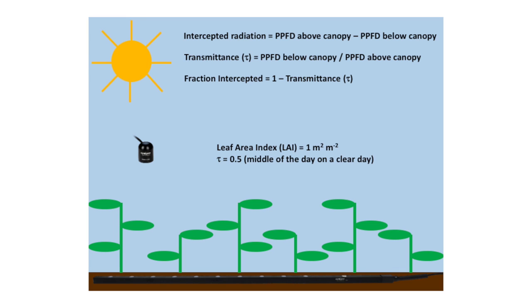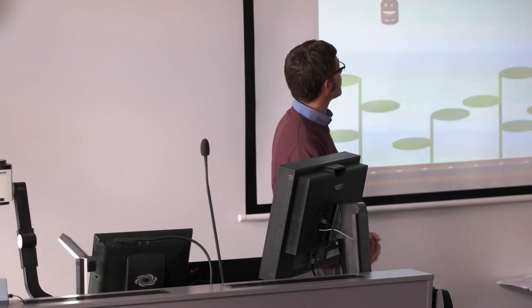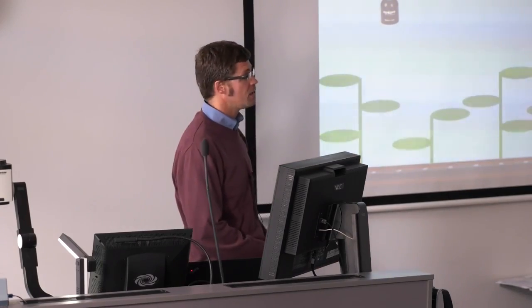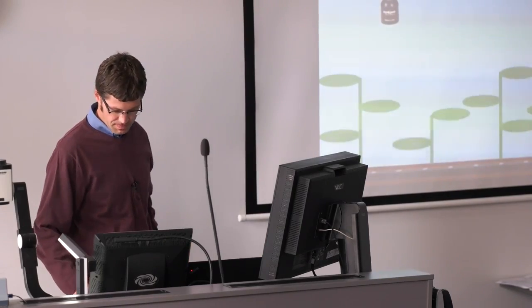And then the fraction intercepted is 1 minus the transmittance. So you have to have a quantum sensor above the plants and then a line quantum sensor below the plants. Pretty straightforward, and then you just plug the numbers in to get intercepted radiation, transmittance, and the fraction of intercepted radiation.